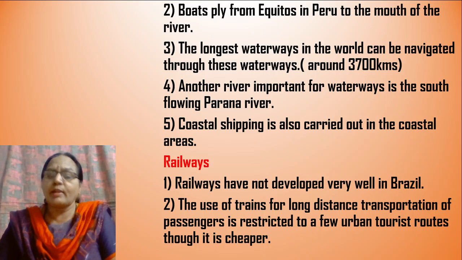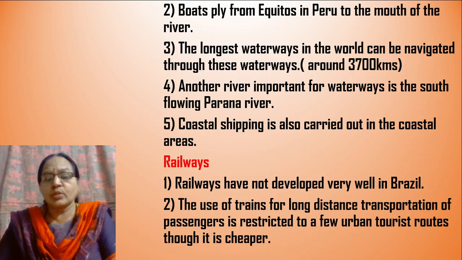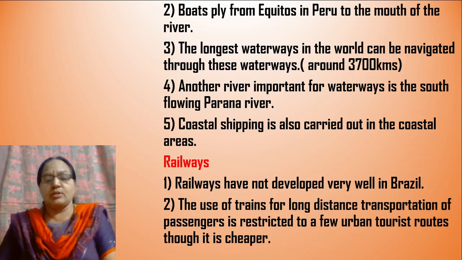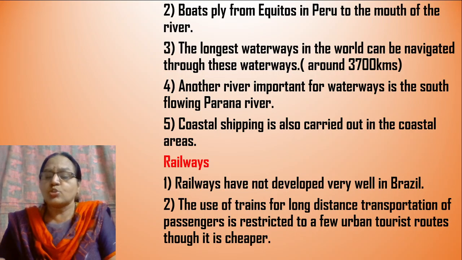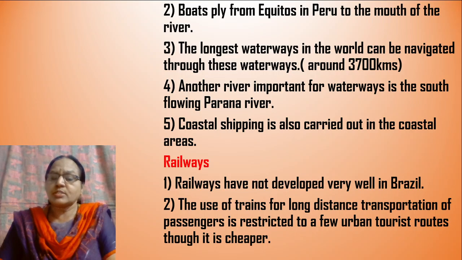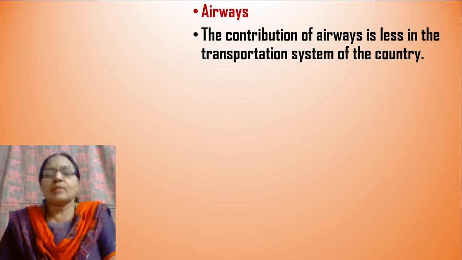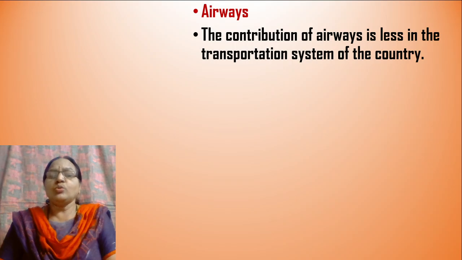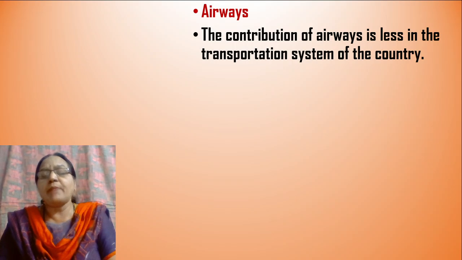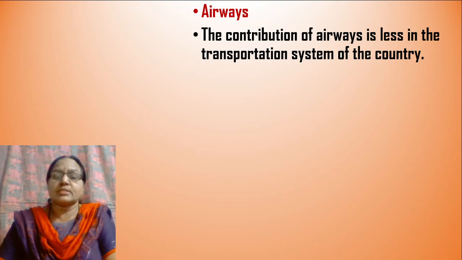Okay, so though railways are cheaper, there's not much development of railways here. Then next is airways. Again, the contribution of airways in the transportation system of the country is very, very less.